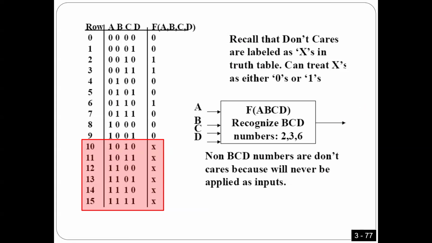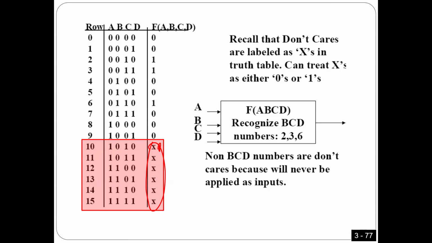Now, this is the most important thing: how can I leverage this, how can I use it for my interest? As long as it doesn't matter if it's 0 or 1, if making it 1 is going to help me do more simplification, I will make it 1.